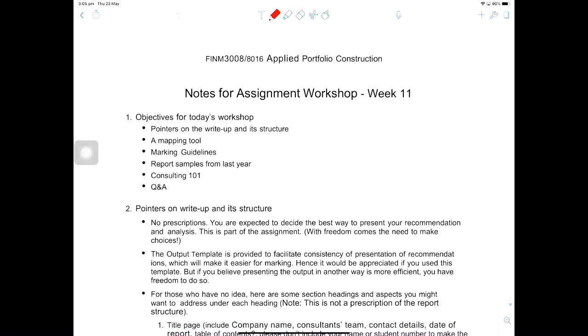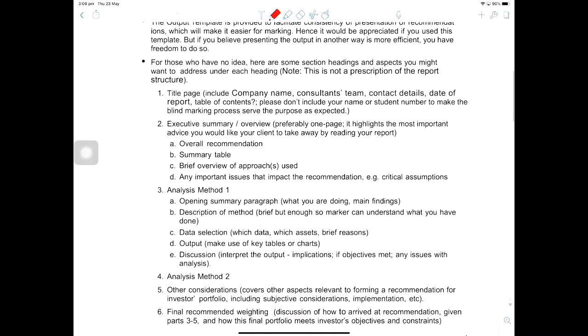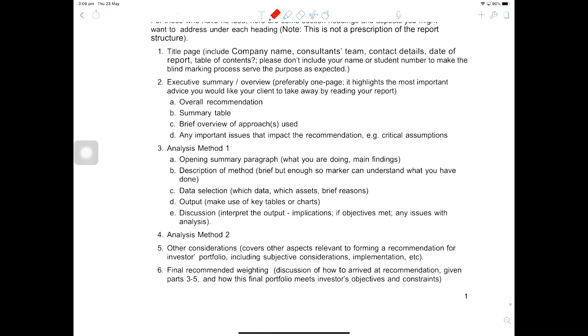You do have a lot of freedom structuring the portfolio in your own way and designing the whole presentation of your report. So I give you a guideline here if you do not know where to start to write the report.